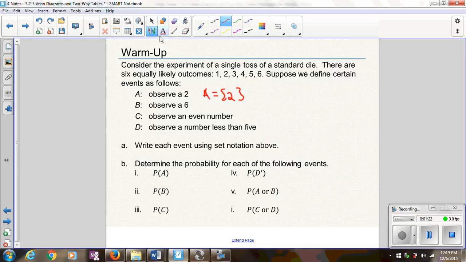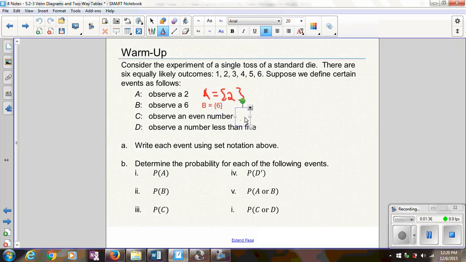Event B, then, would look like a 6, because event B only involves one outcome. Event C means that we're observing an even number, so C would equal a 2, a 4, or a 6 as our outcomes on the die.